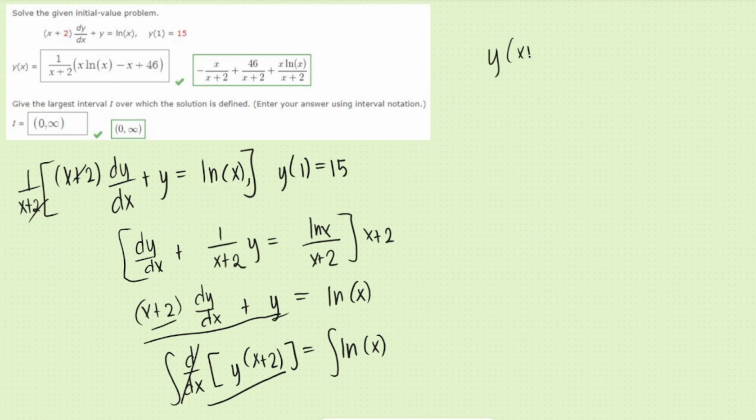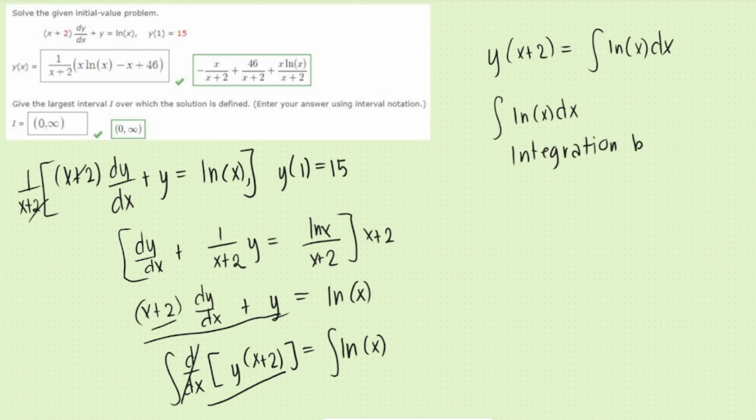Y times x plus 2 is equal to the integral of ln of x dx, right? Because this is in terms of x, we're integrating ln of x in terms of x. So let's integrate ln of x dx, and we're going to use integration by parts.